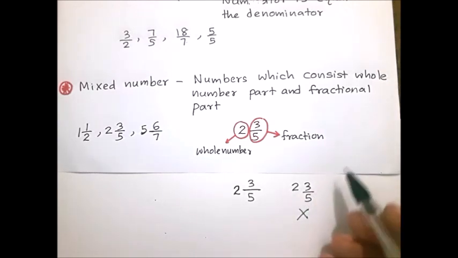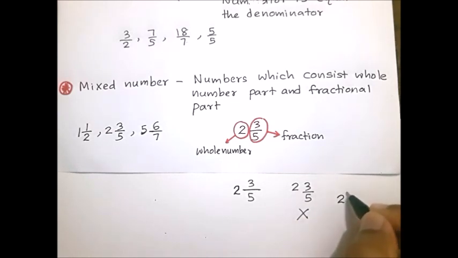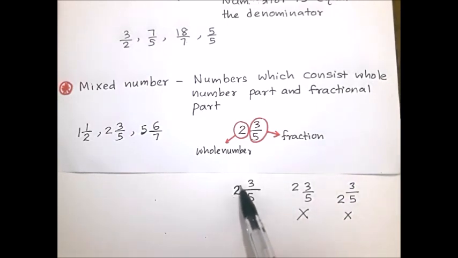If you write this fraction as 2 and 3 over 5, this one is also wrong. Here the whole number and denominator are placed in one line. These two types are wrong. You have to write the whole number in the middle of the numerator and denominator. This is the correct one. These two types are wrong, so remember that.